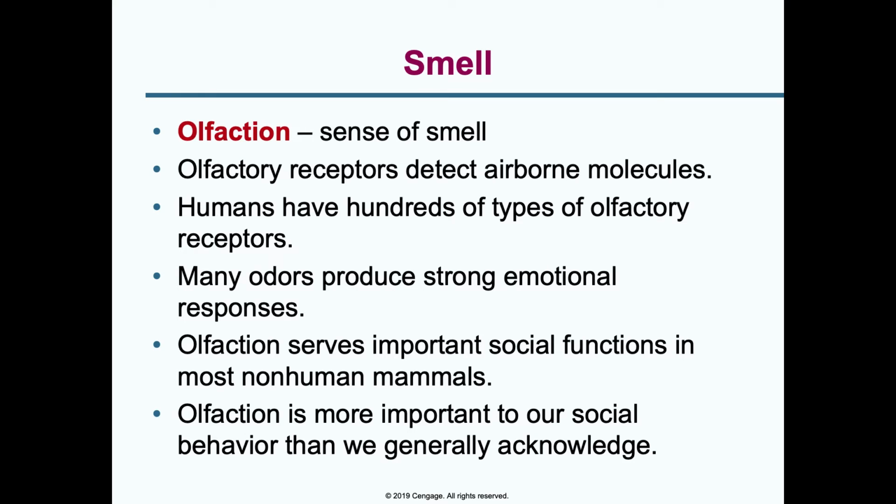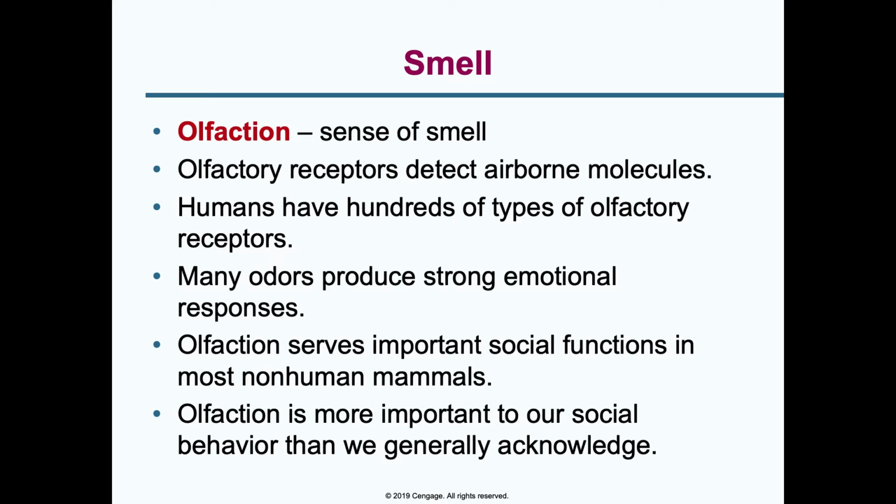Okay. Human beings have hundreds of these types of receptors. What's interesting is that rats and mice have about 1,000 or more. Okay, so rats and mice have a better sense of smell because they have more of these olfactory receptors than humans do.